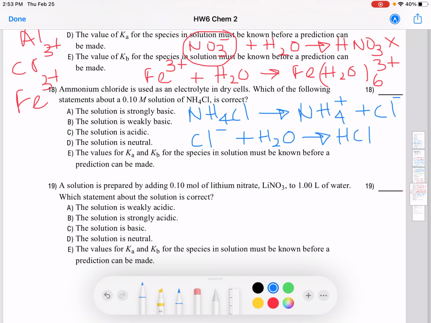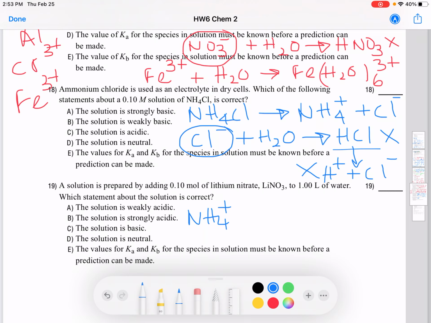If it's going to generate a strong acid, hydrochloric acid, it's not going to react with water, because as soon as hydrochloric acid is formed, it's not going to stay like that. It's going to completely dissociate into ions. So anions from strong acids or cations from strong bases are not going to react with water. So this reaction will not happen, formation of hydrochloric acid.